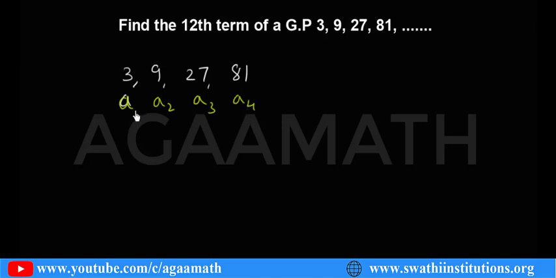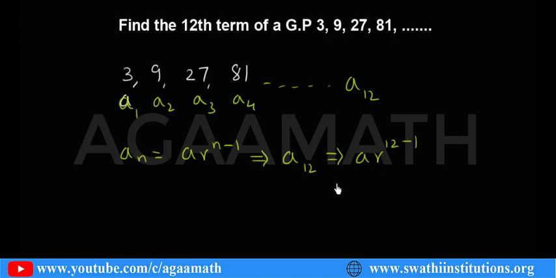A1 is also called a. Here we have to find a12. The nth term of a GP is a r to the power n minus 1. It means a12 equals a r to the power 12 minus 1, that is a r to the power 11.